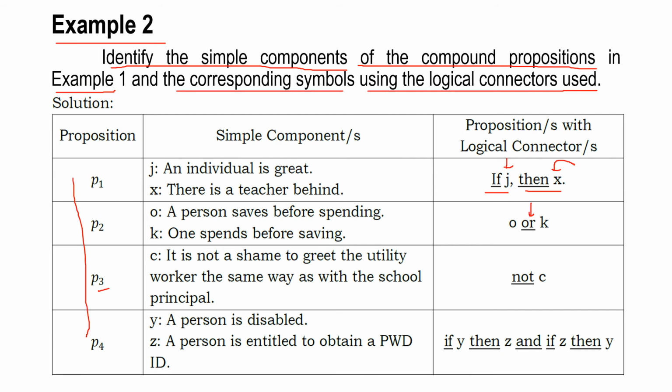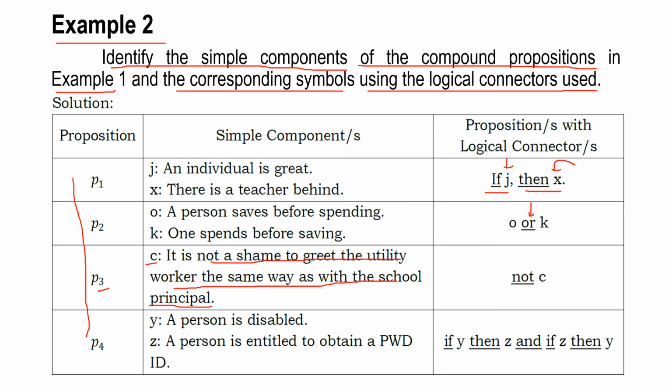Now in your proposition P sub 3, we simply use not for us to represent the negation or the opposite of the simple component. For your proposition under your letter C, it is not ashamed to greet the utility worker the same way as with the school principal.